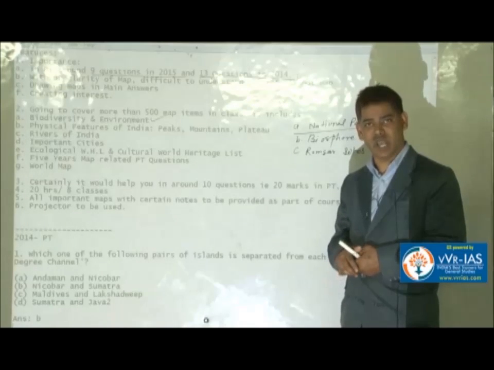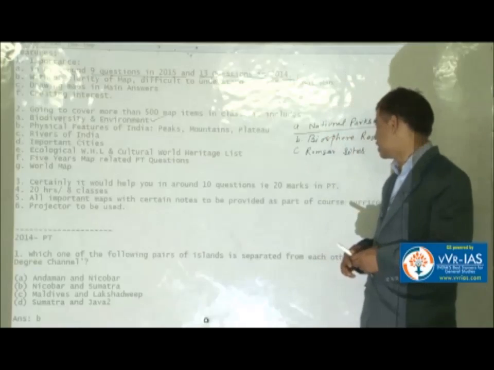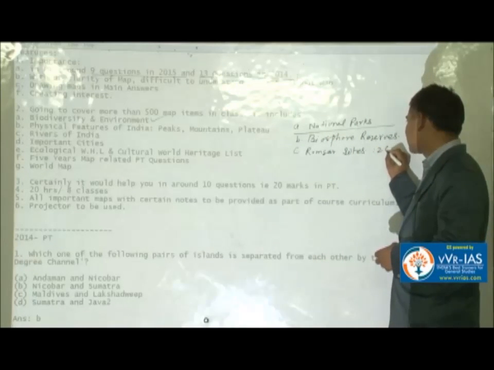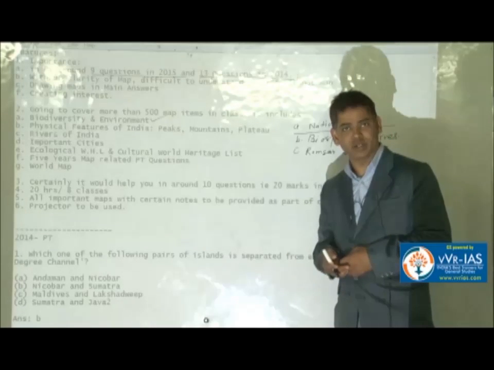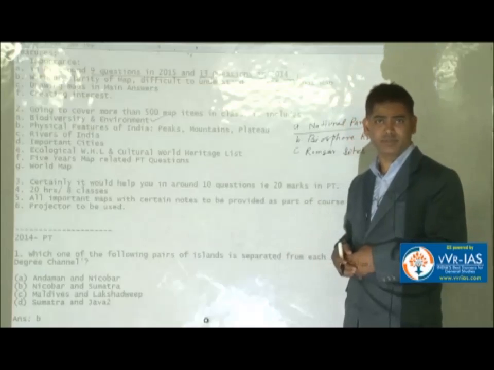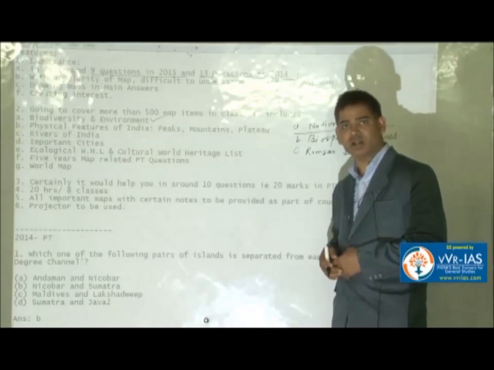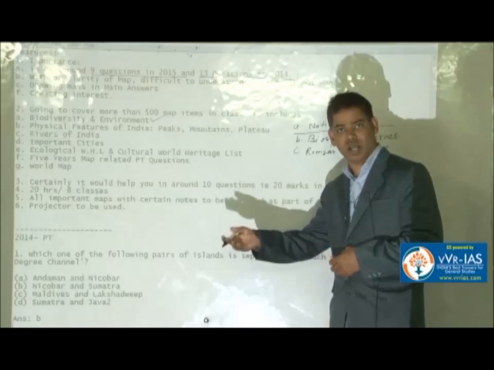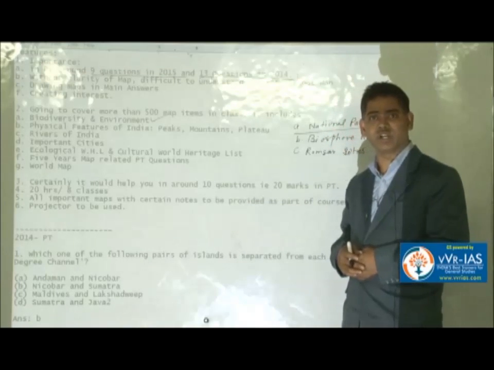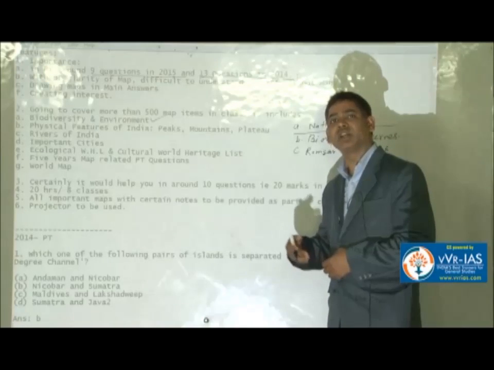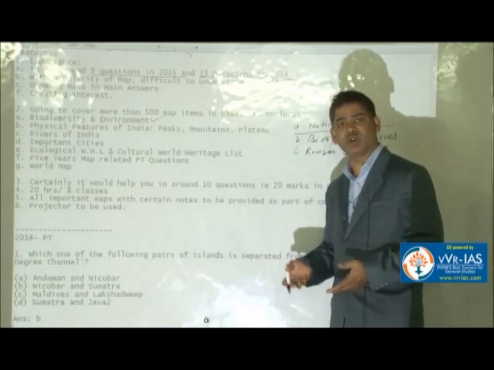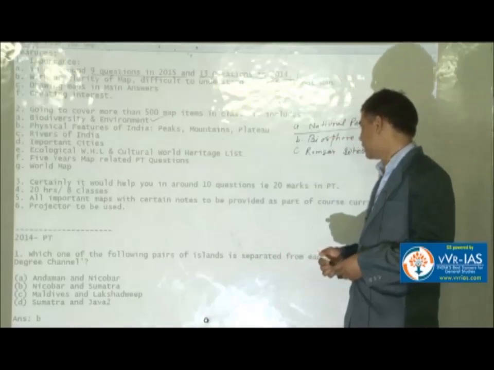In India, we have 26 Ramsar sites, and we will be locating all 26 Ramsar sites on our map in the map class. Examples are Wular Lake, which is located in Jammu and Kashmir; Keoladeo National Park, located in Bharatpur of Rajasthan; Chilika Lake, located in Odisha; Ashtamudi Lake, located in Kerala, etc. So in this way, we are going to cover 26 Ramsar sites here.